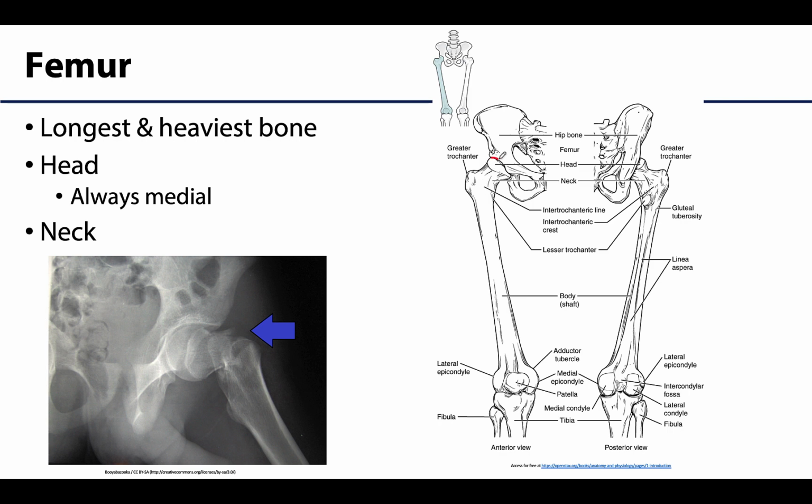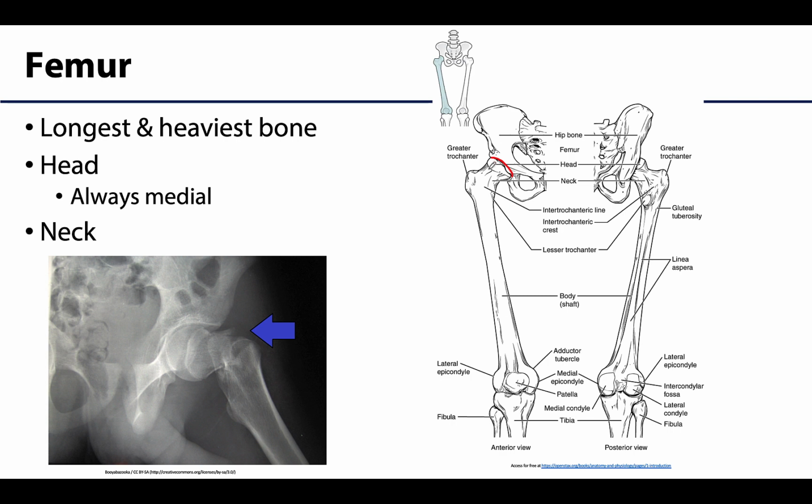So recall, the head of the femur, which is always going to be medially facing, will articulate with the acetabulum of the coxal bone or the hip bone. And we have a really good fit here in comparison to what we had with the shoulder joint. So the head of the femur fits pretty well within the acetabulum. So that's an important difference between those two ball and socket joints.